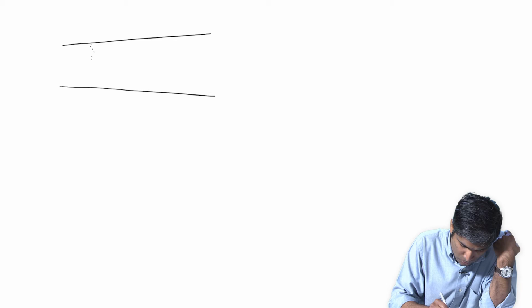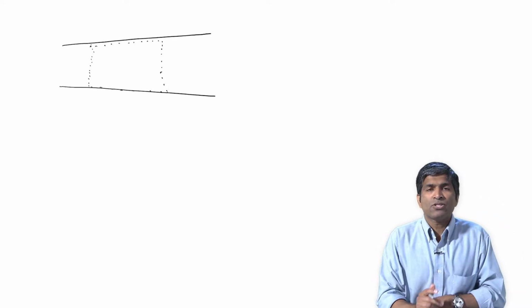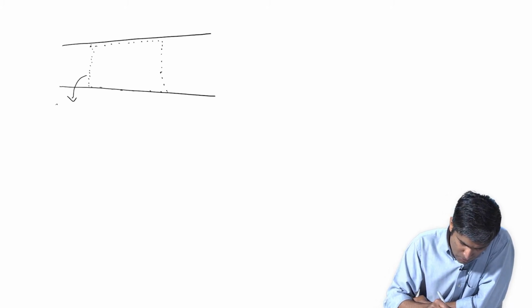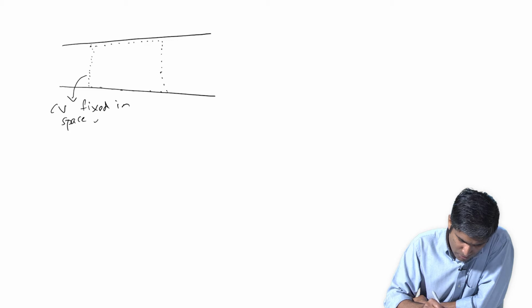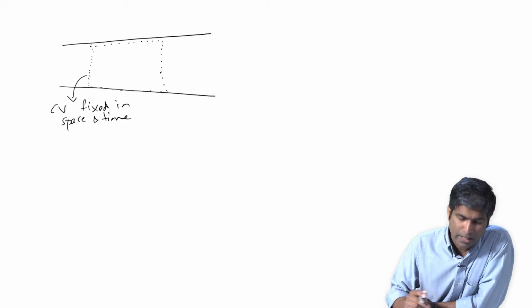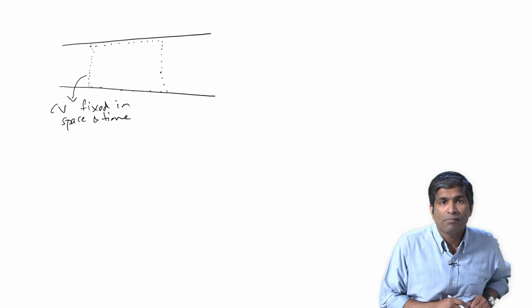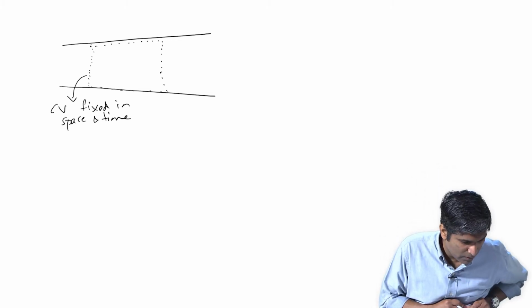So I have a control volume, and this control volume is fixed in space. So this is my CV, control volume, fixed in space and time, and I am looking at velocities in that control volume for my analysis.